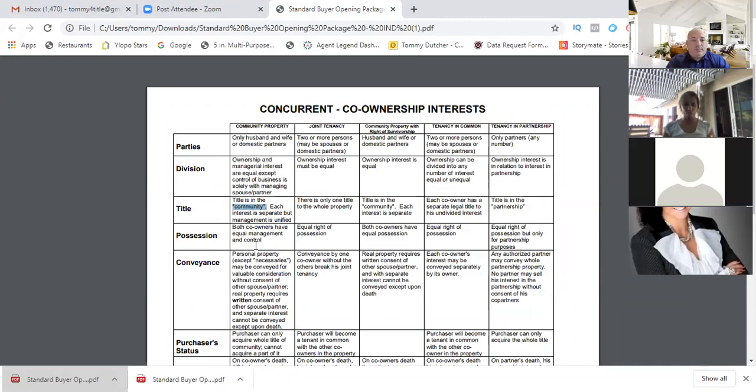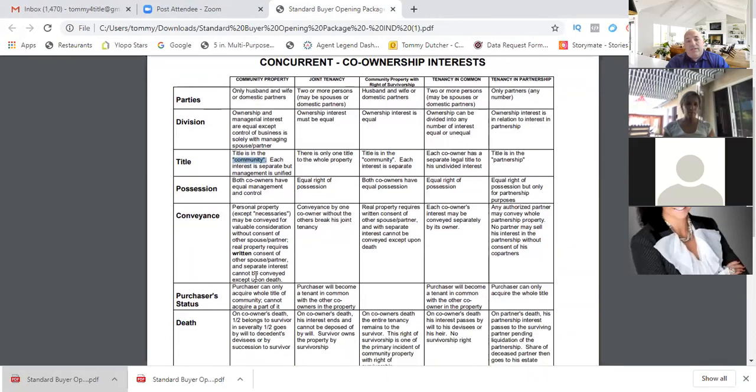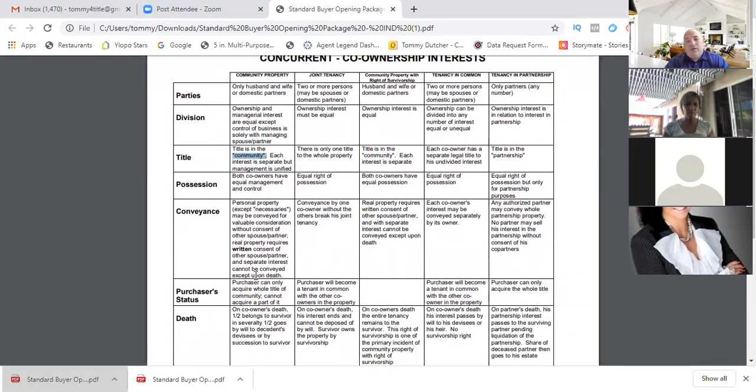They own equal. Personal property, except necessaries, may be conveyed for valuable consideration without consent of other spouse or partner. They're in it together, right, as community. So you're not in it as partners, you're in it as community.